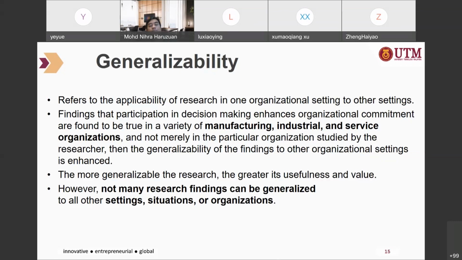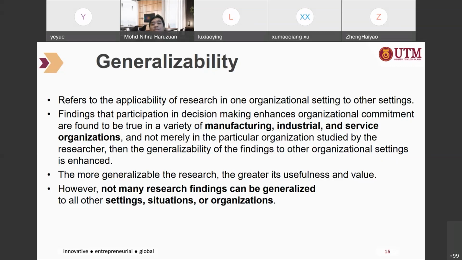So this is something that we call generalizability. Finding that participation in decision making enhances organizational commitment is found to be true in a variety of manufacturing, industry and service organizations, and not merely in the particular organization studied by the researcher.